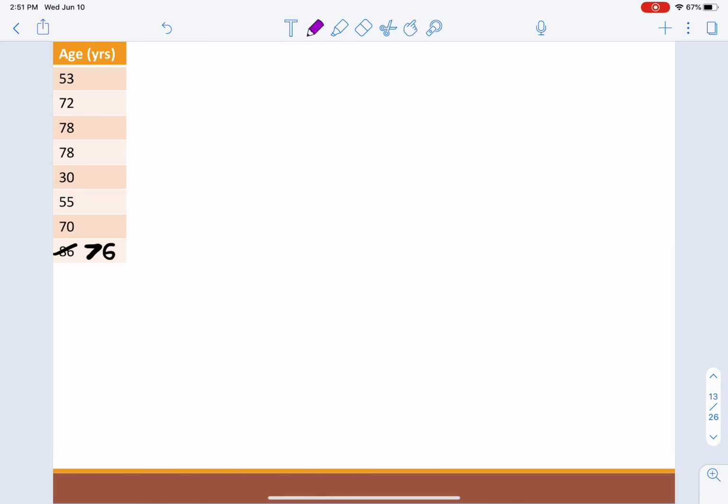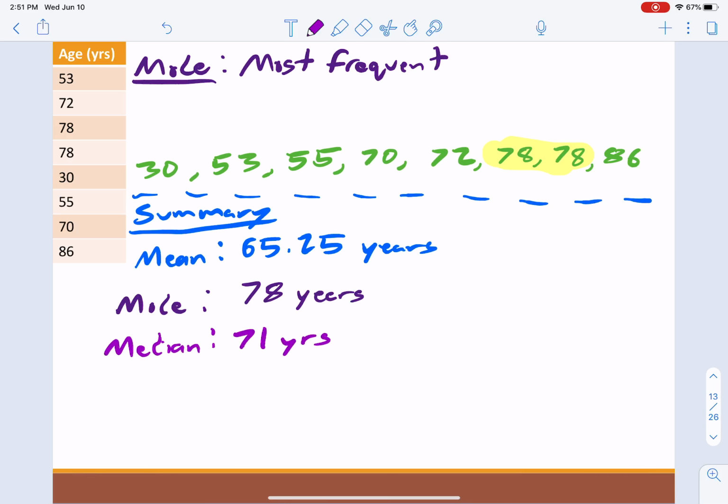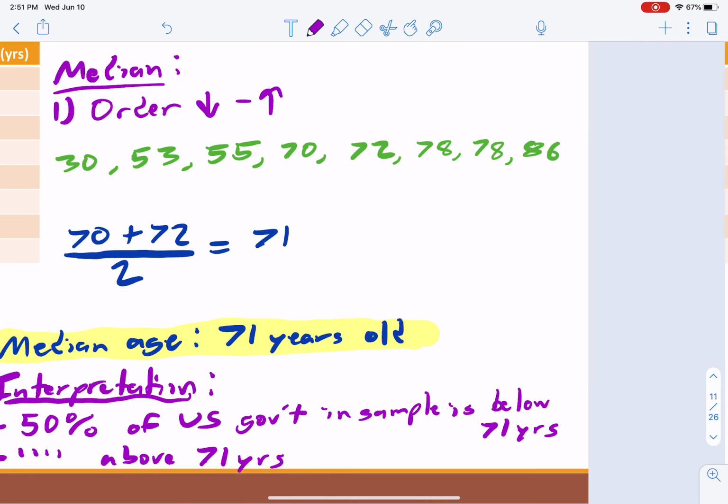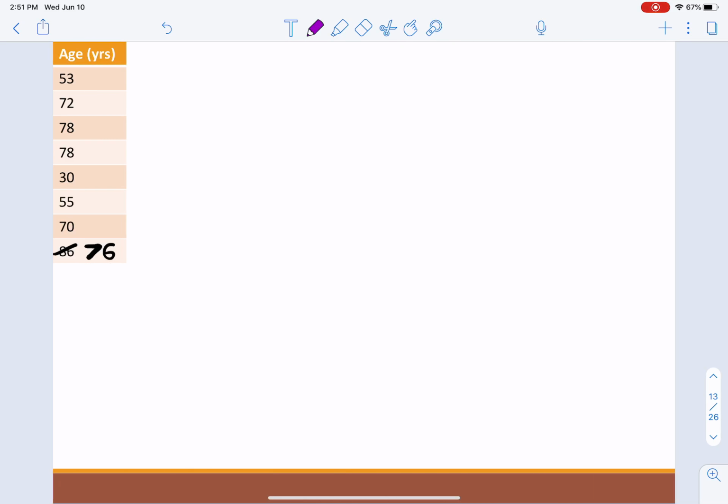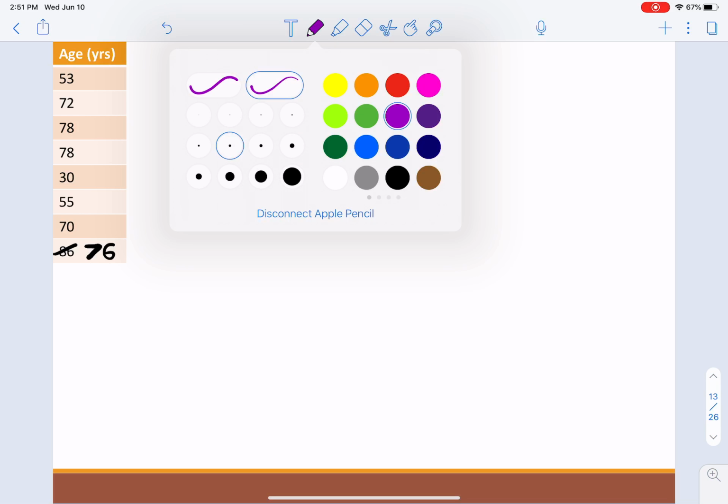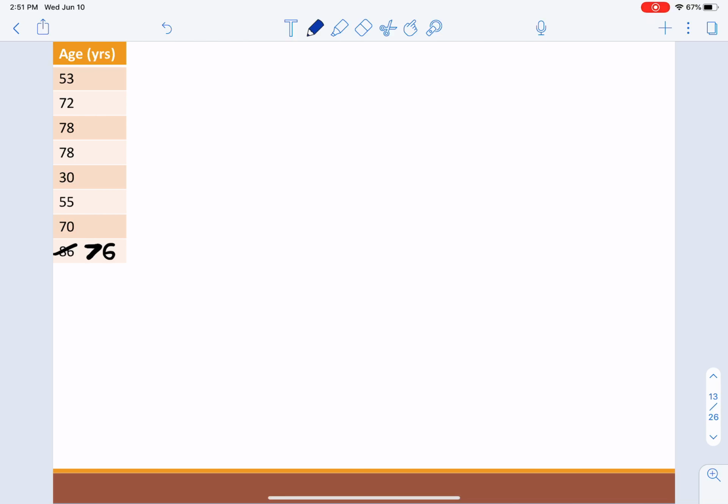So let's say that this person is not 86 years old. That is the actual age. The oldest person in Congress is 86. Or let's see, I guess a representative out of California is actually 86. But let's say that we accidentally made a typo. It's actually 76. Okay.